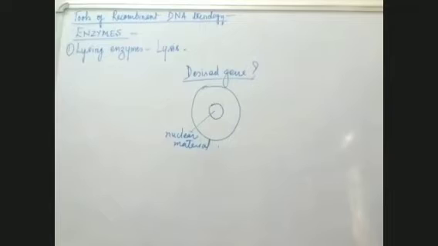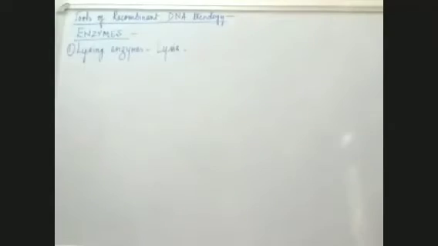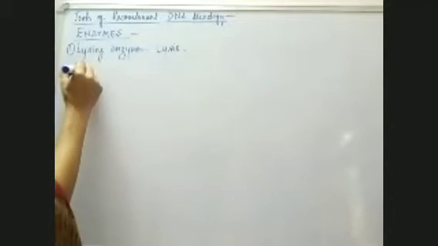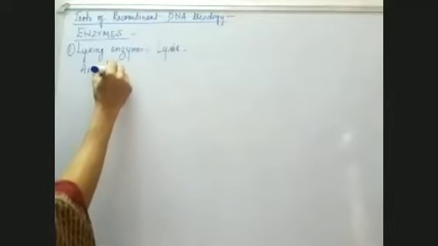So what will be done here? The cell from which we will obtain the genetic material or the desired gene can be an animal cell, if we are doing it for the animals.